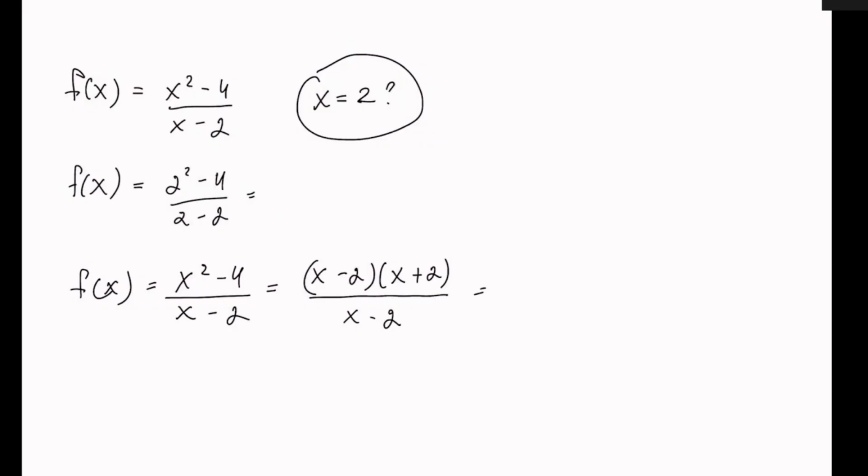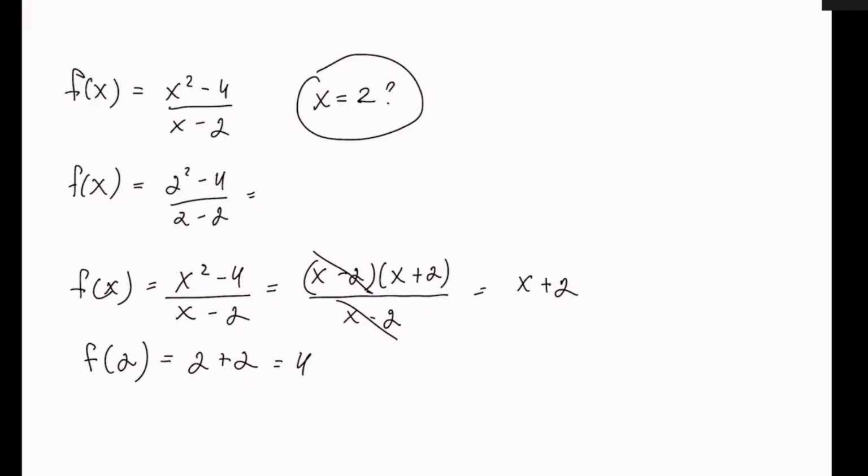As you can see, for any x not equal to 2, we can cancel these, and we have x plus 2, which is just a line. So when x is close to 2 but not equal to 2, the function f of x is close to 2 plus 2, 4, right? So the function is close to 4.